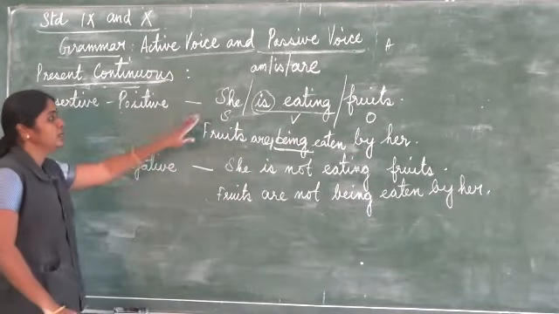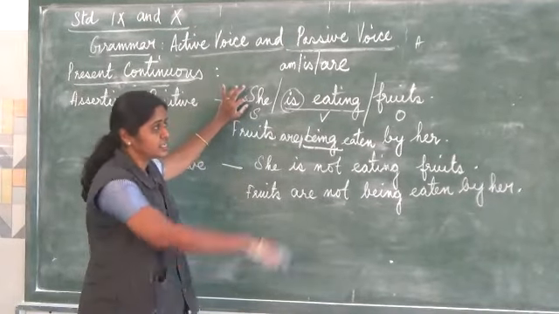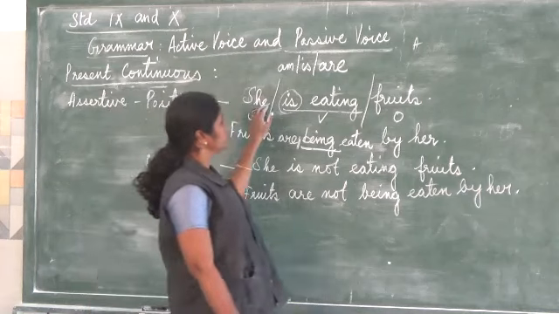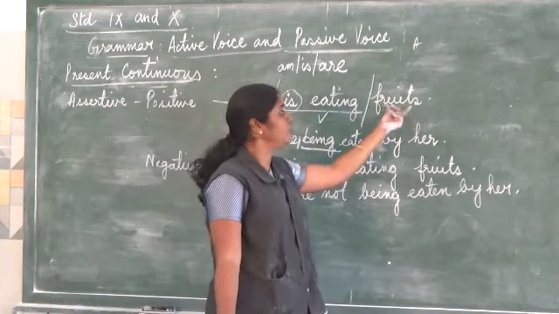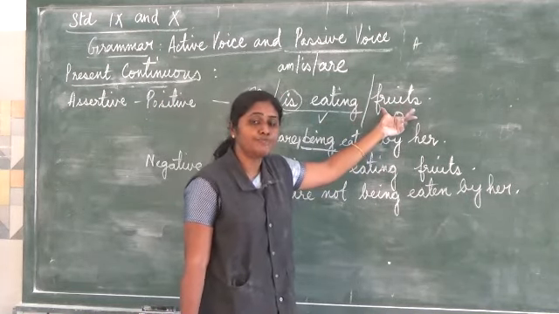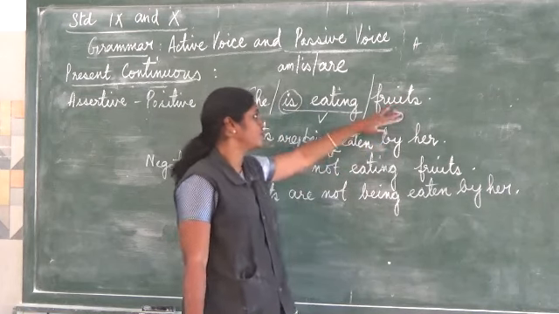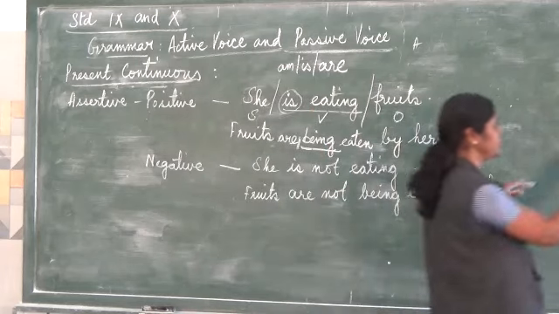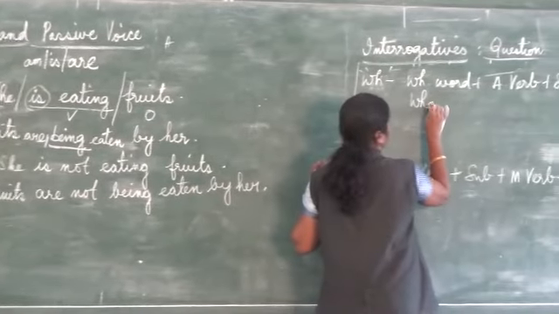Now for the same sentence we are going to frame a WH question. She is eating fruits. So the only information for which we can form a WH question is fruits. So we can write it as: what is she eating? See, first the WH word what.